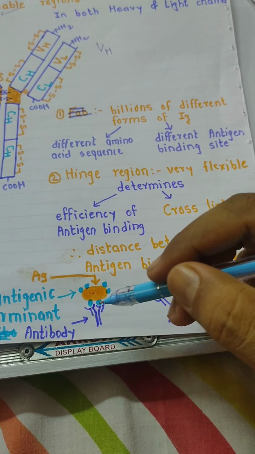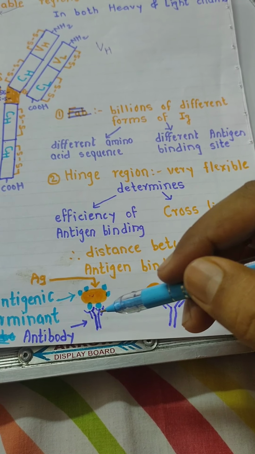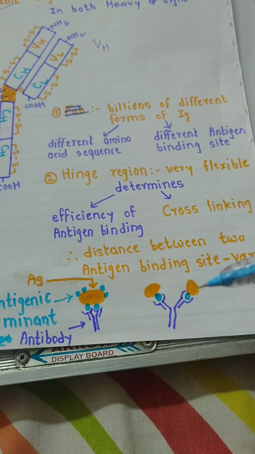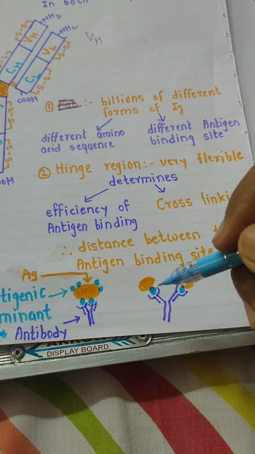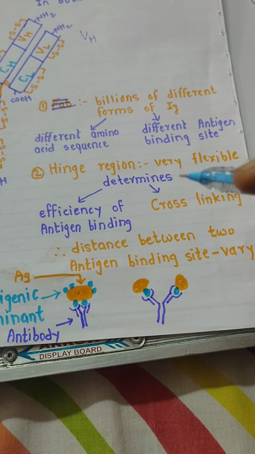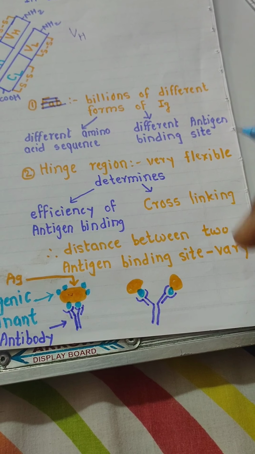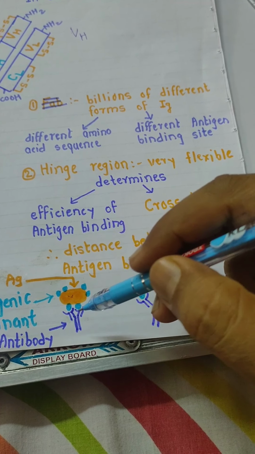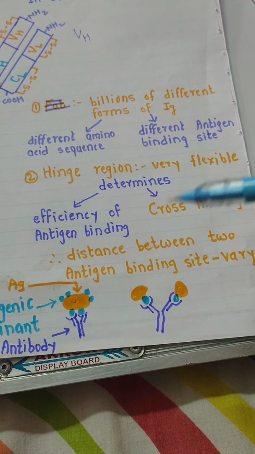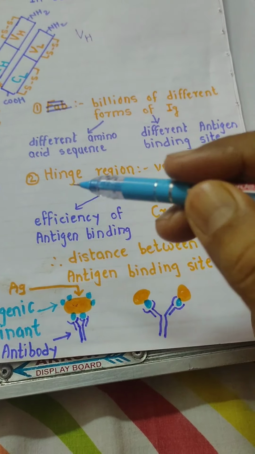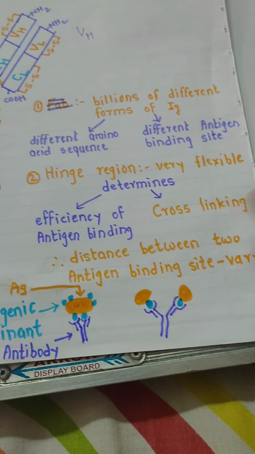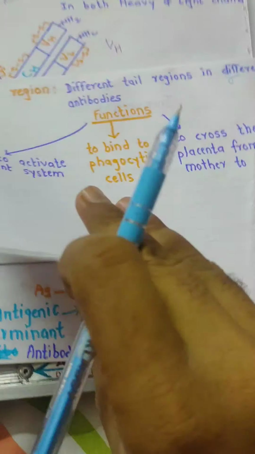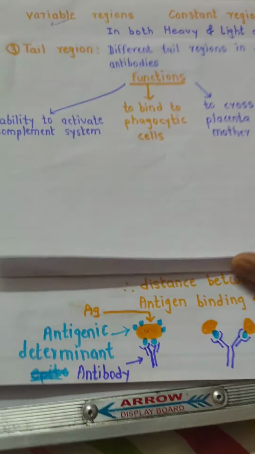Here it can bind to two different antigenic determinants of the same antigen, or it can bind to the antigenic determinants of two different antigens. The distance between two antigen binding sites may vary due to the flexibility of the hinge region.